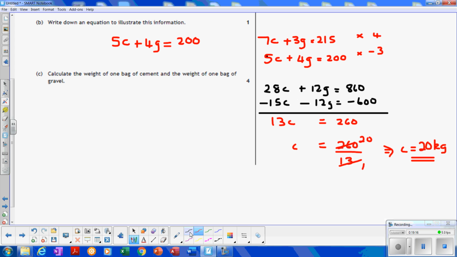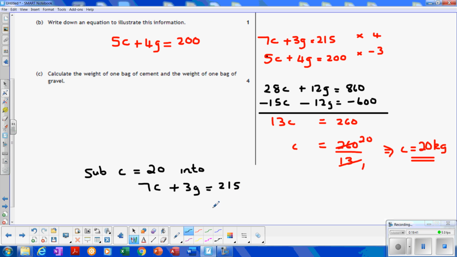The next thing I want to do is sub C equal to 20 into one of those equations. You always choose one of the original equations. So I am going to choose the first one, which is 7C plus 3G is equal to 215.